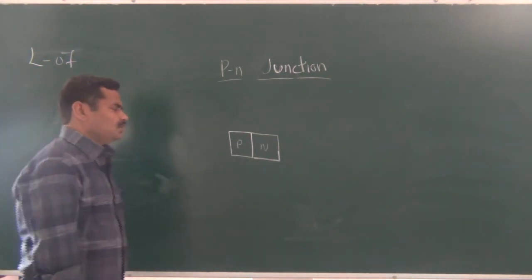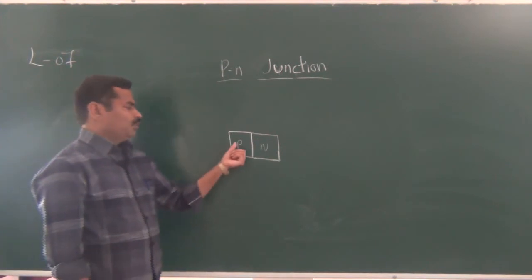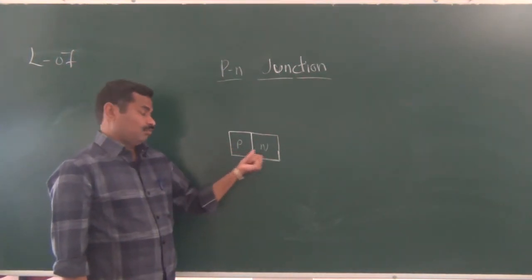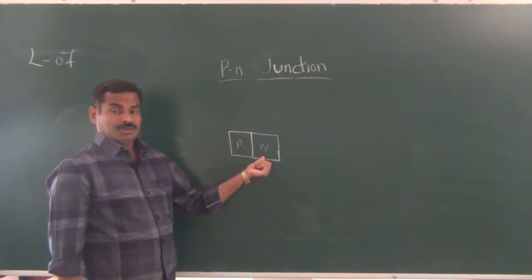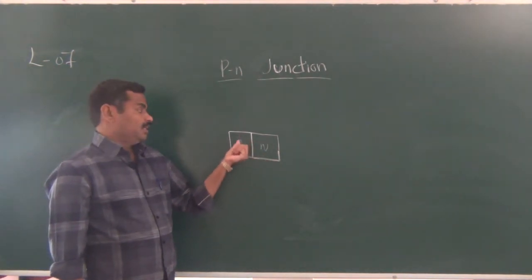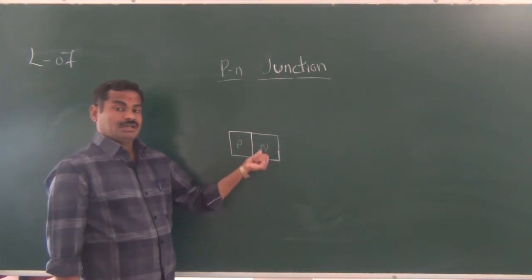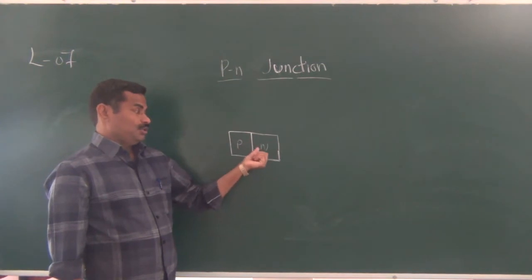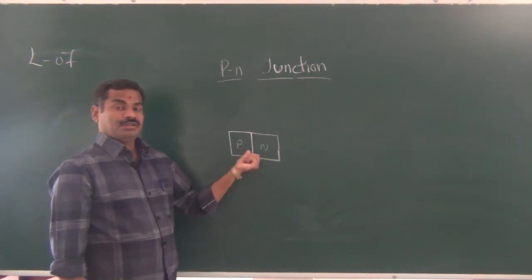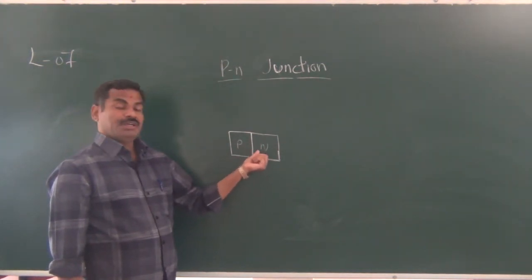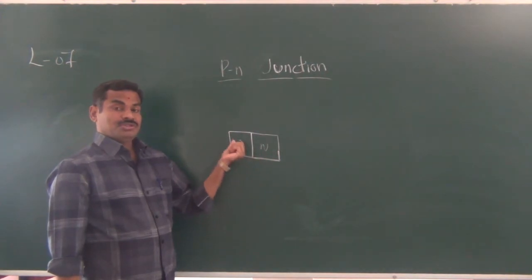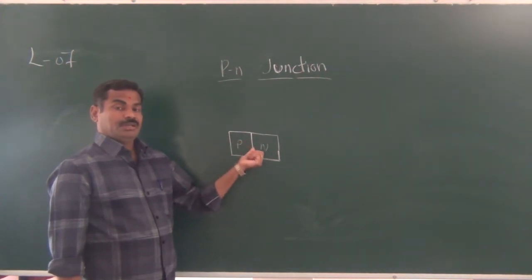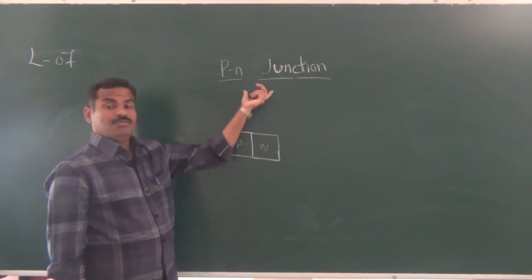And very simply, by adding trivalent impurities on one side and pentavalent impurities on the other side, or, as I said, by adding acceptors on one side and donors on the other, and separating these two materials by a junction, that is nothing but your PN junction.